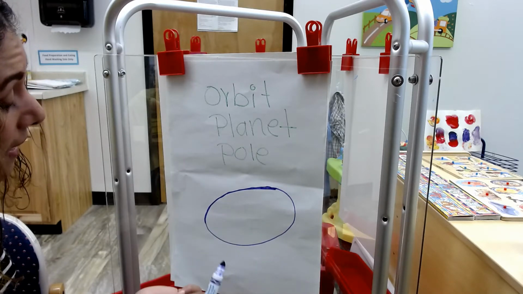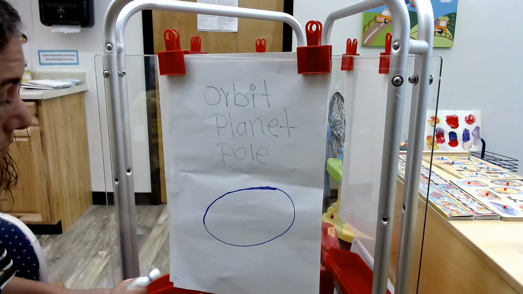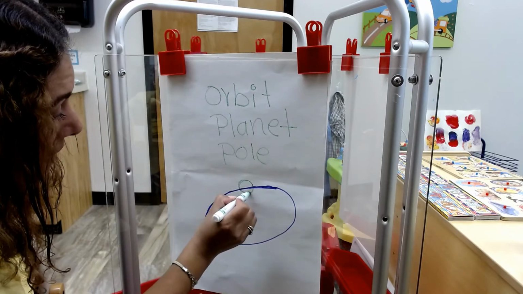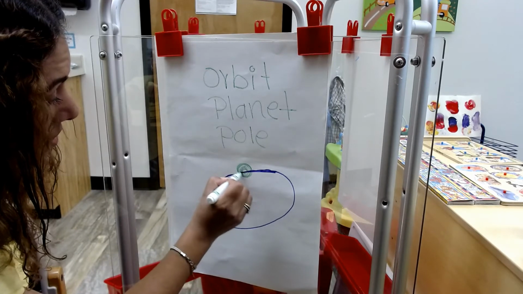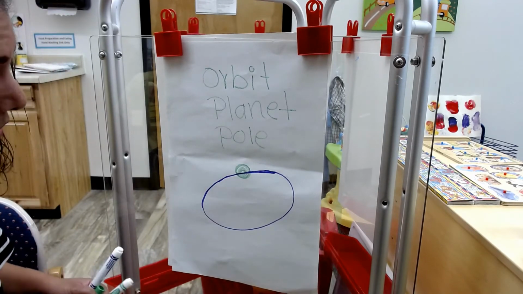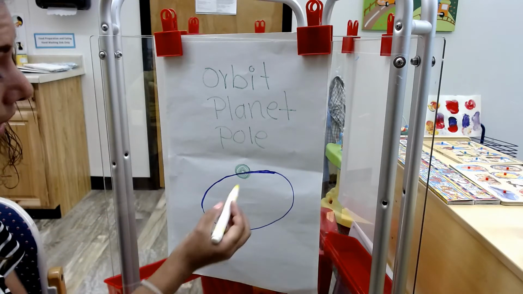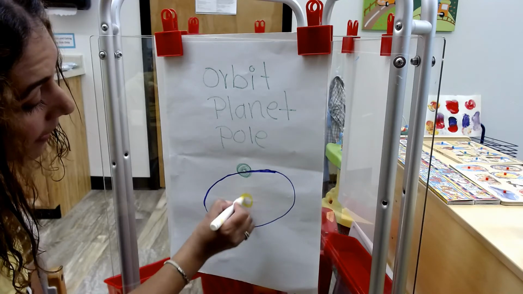So our planet, our Earth, is a planet. Our planet is right here at a certain point of the year. And we learned that our planet goes around the sun. So this is the sun.